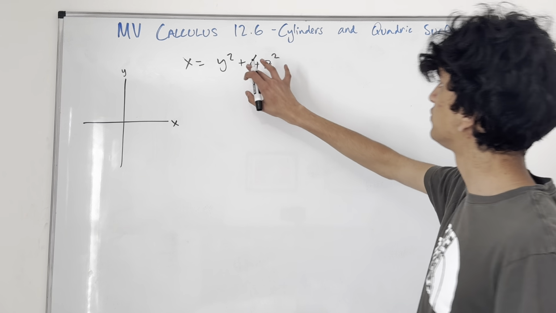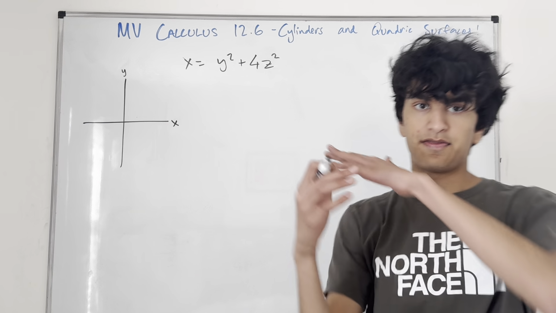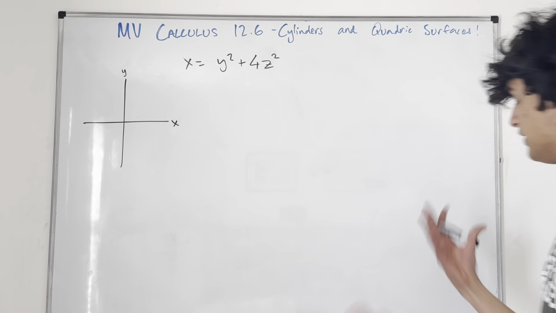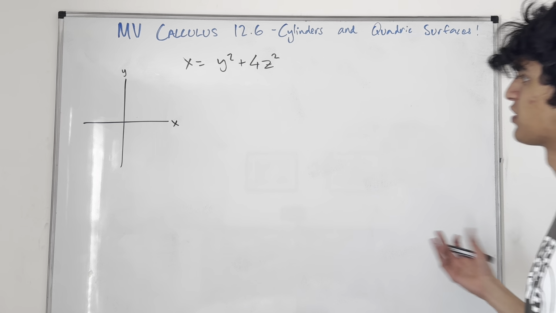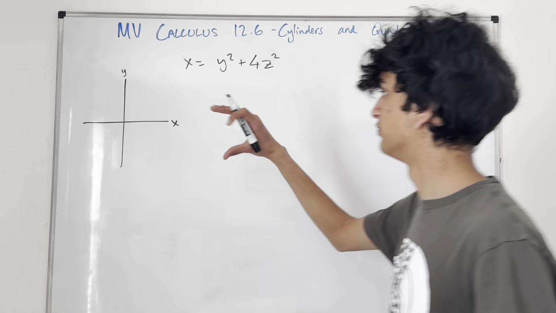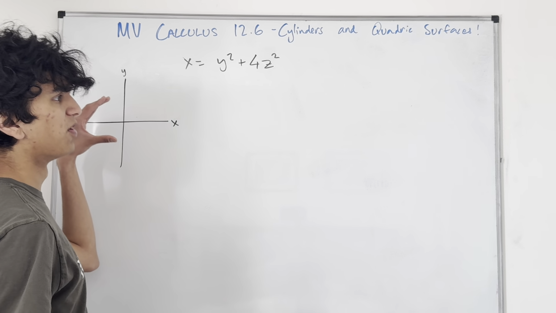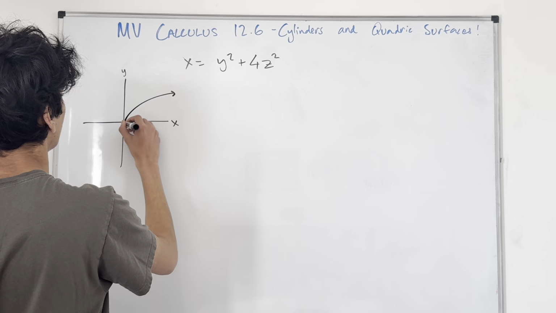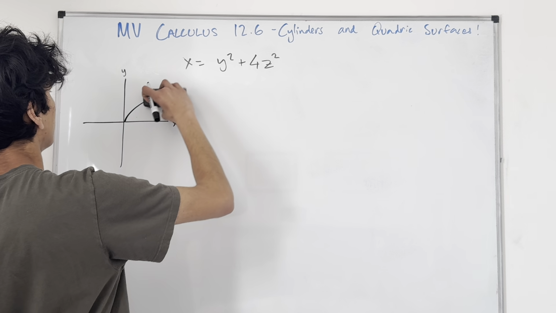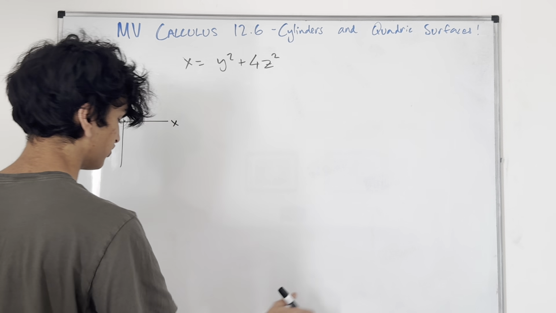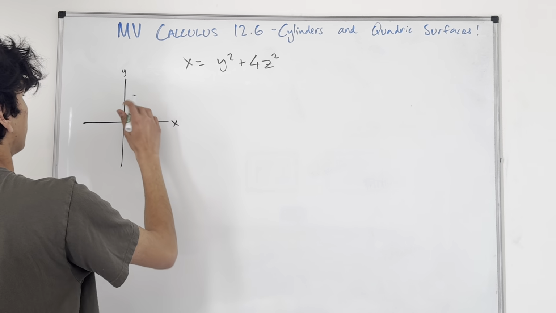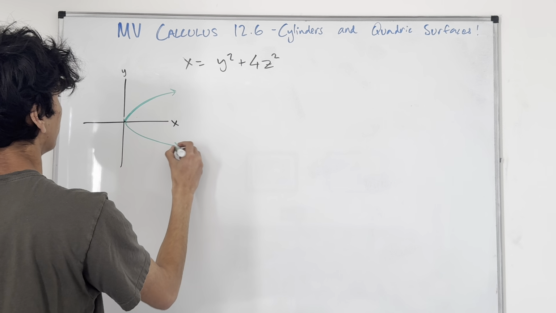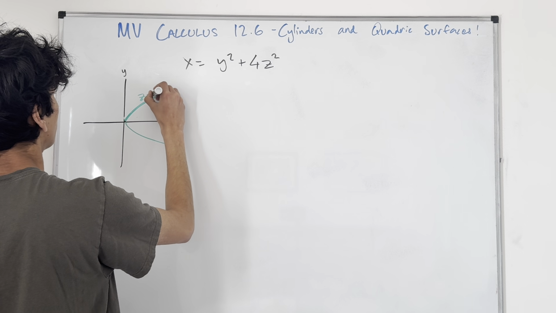Well, when z is equal to 0, at that plane where z equals 0, that's in the xy plane, what would our graph look like? Well, this would be a horizontal parabola, right? It opens up horizontally. So let's do it like this. Let's use green for z equals 0, right? So this is for z equals 0.